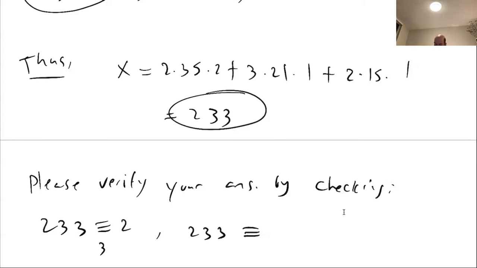And what was m? M was the product of m1, m2, m3. That's going to be 3 times 5 is 15 times 7, 105. So this is 233 plus 105 times k, and k comes from the set of integers.